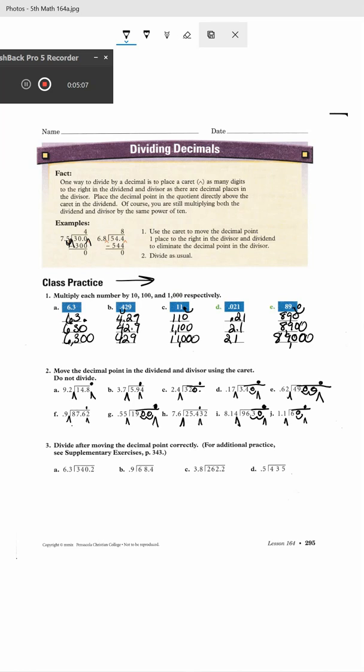All right, so we'll just do one of these together. Actually, I want to do D, okay? Because D, I actually have to add a 0. So it's 435 divided by 0.5. So I am moving this over once. So this, I have, whoops, I don't want, that's where the decimal is. So I have to move it over once, and I have to add a 0.